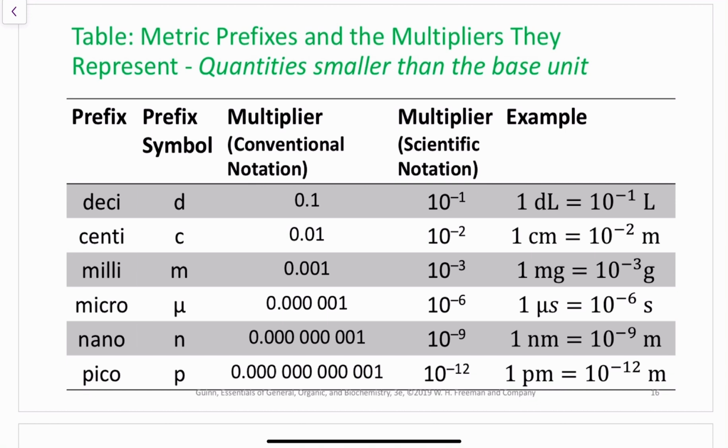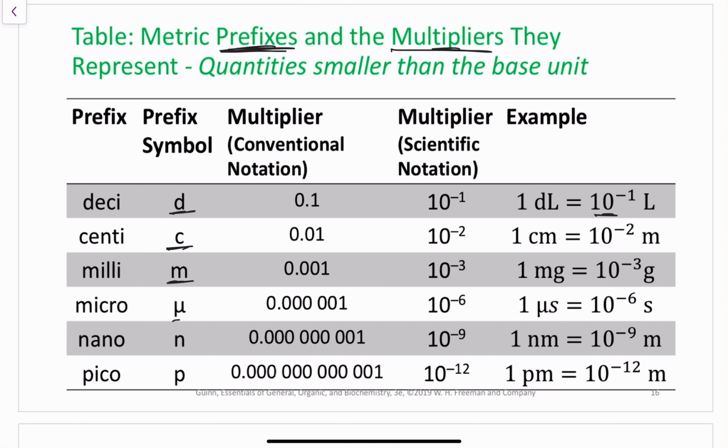Now this table tells you about the metric prefixes and multipliers. So what are prefixes? Prefixes are unique letter codes that, when preceding a base unit, act as a multiplier to increase the numerical value by a factor of 10 or decrease the numerical value by a factor of 10, right?